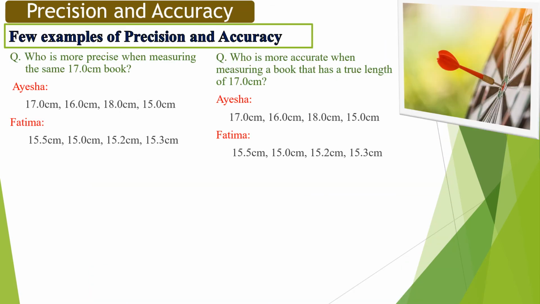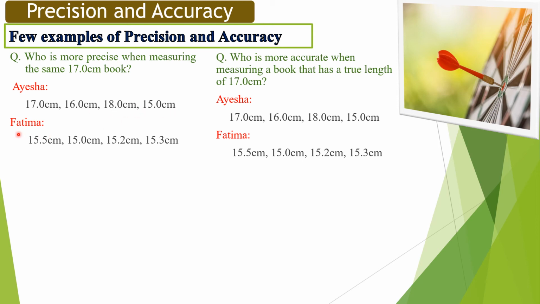A few examples of precision and accuracy. Who is more precise when measuring the same 17.0 centimeter book? Measured values of Aisha's experiment are 17.0 centimeter, 16.0 centimeter, 18.0 centimeter, and 15.0 centimeter.